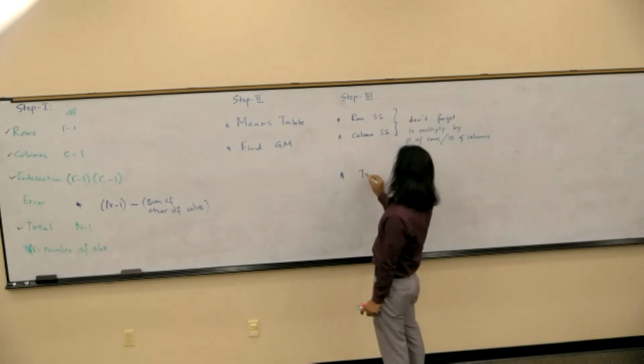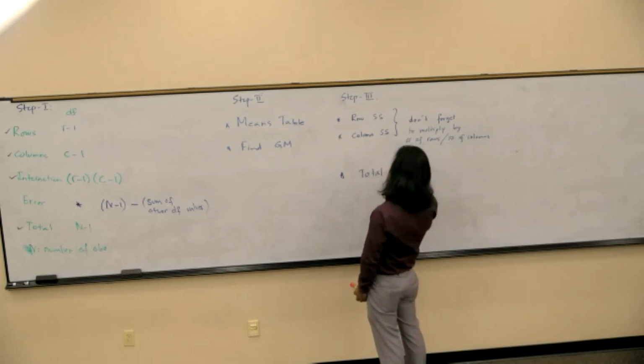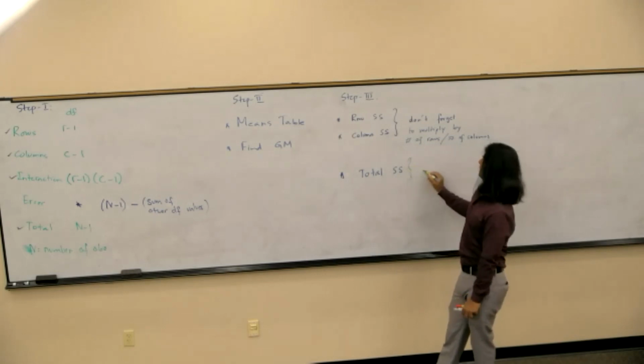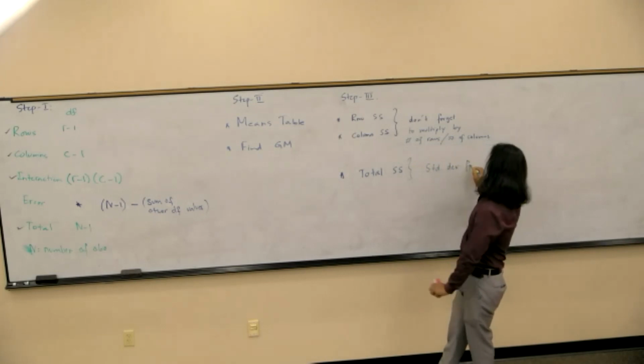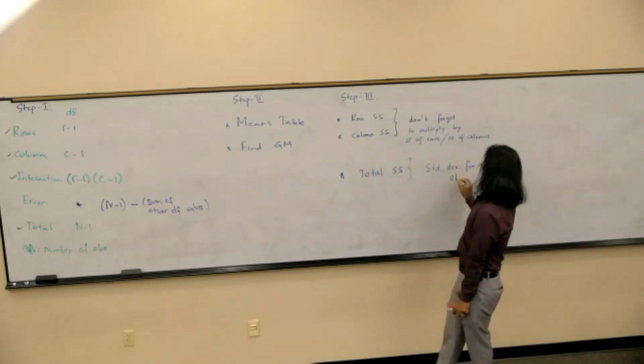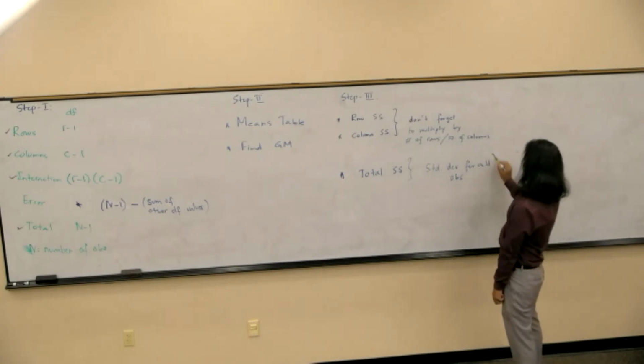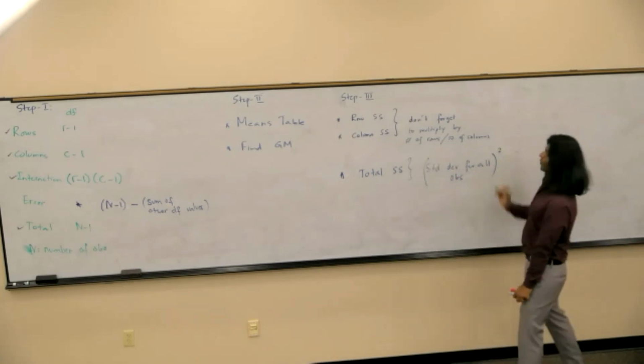Next step, find total SS. This is easy. You find standard deviation for all observations. Square that.